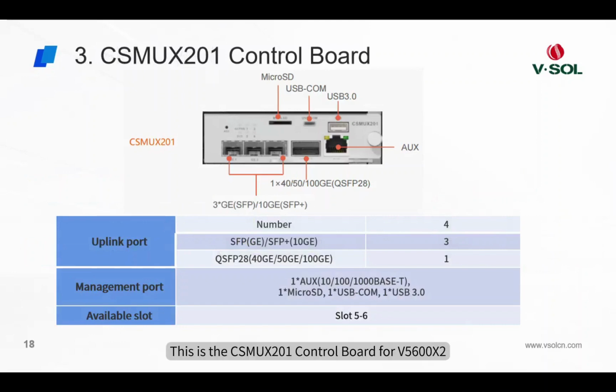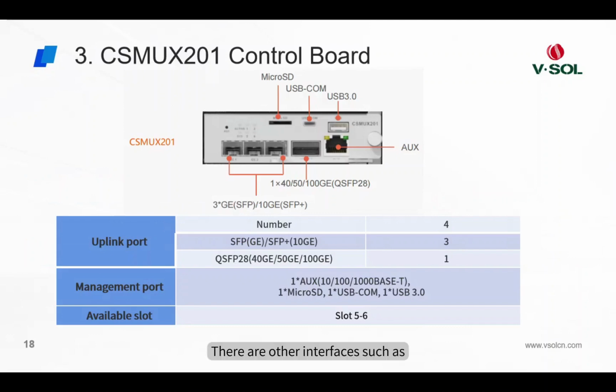This is the CSMU X201 control board for V5600X2. It has a total of 4 uplink ports, including 3 SFP-GE or SFP+ 10GE ports and 1 QSFP28 40GE or 50GE or 100GE port.